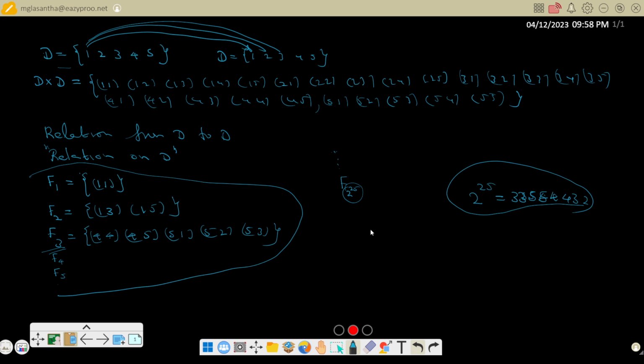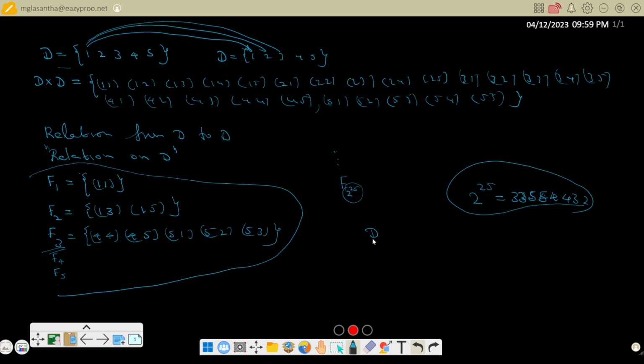Parent set is D. These relations originated from D. First you take D cross D. From D cross D, you choose subsets. Those subsets are relations.